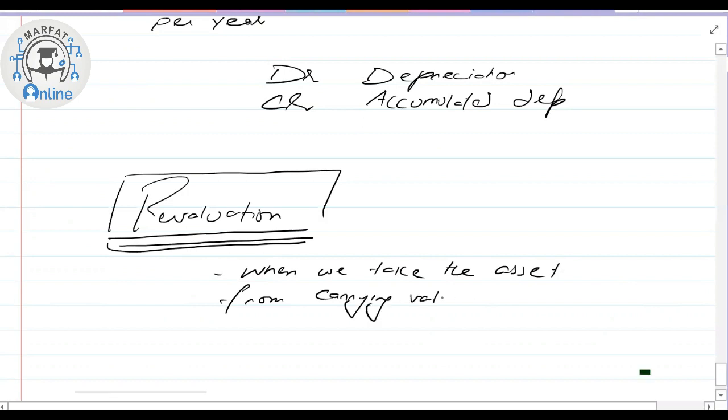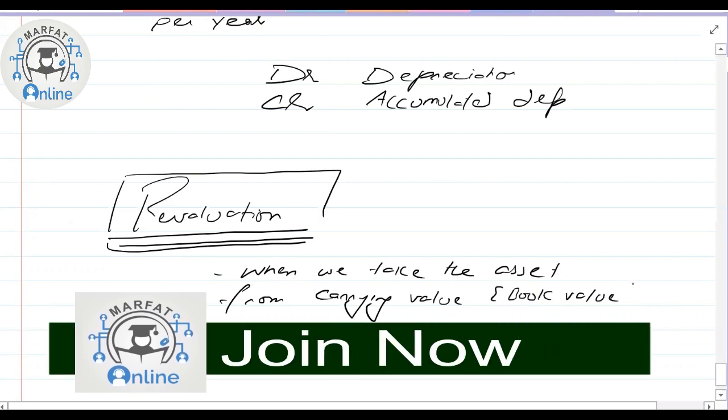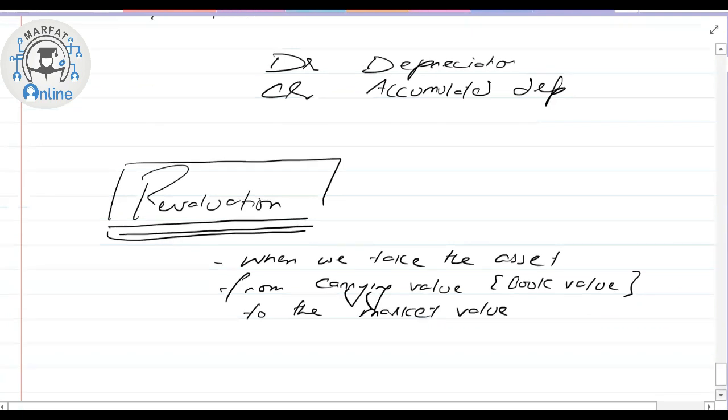Now carrying value is also known as book value, the amount in the books. So when we take the asset from carrying value to the market value, that is revaluation.